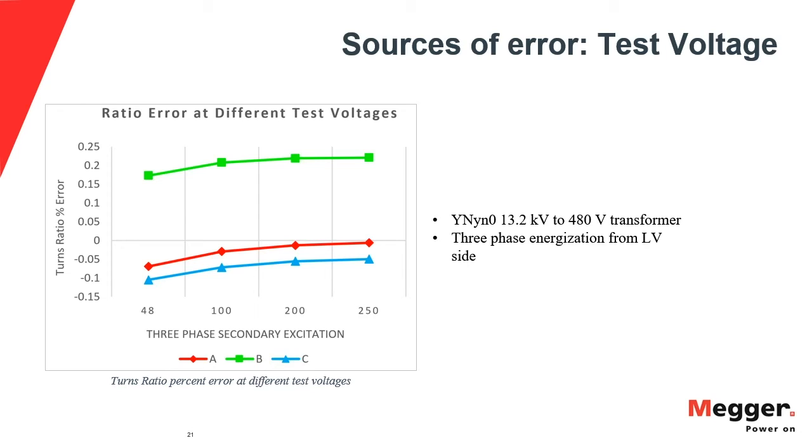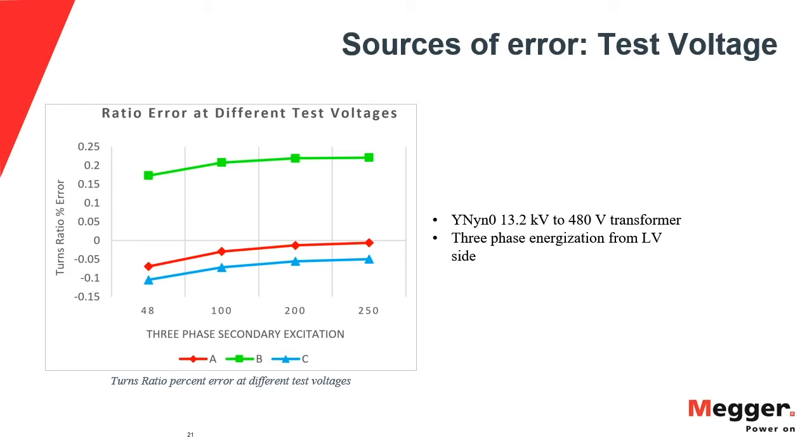And if you look at all three phases, you see a pattern that as we increase the test voltage, again, at first the graph can mislead the audience a little, because we say, okay, for two of the phases, phase A and phase C, the errors were on the negative side, and as we increase the voltage, that error tends towards the positive, or in other words, towards zero, because again, the error that we were getting at lower voltages is negative.